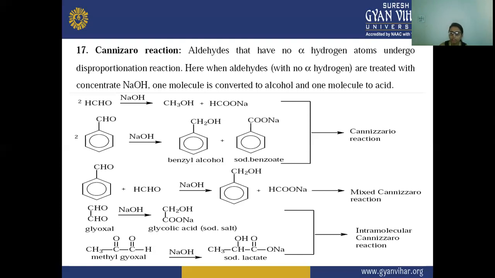Now the third is the intermolecular Cannizzaro reaction. It means the reaction is happening between the molecules. Here an example is given, glyoxal, that is reacting with strong concentrated NaOH, and glycolic acid is formed as its sodium salt.